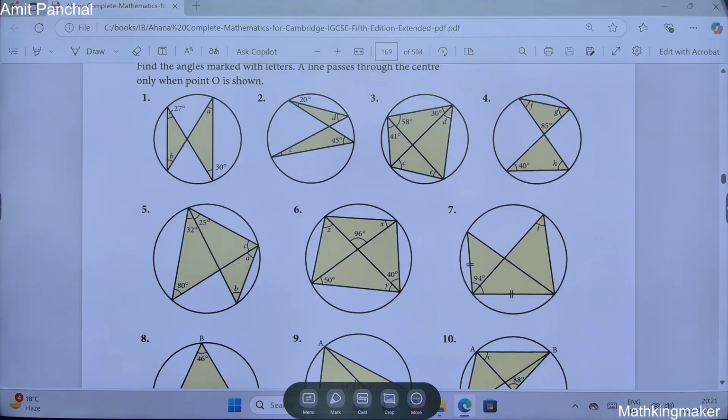I got A as 32, sir. A is 32. Yeah, right. But B as 8. Right.